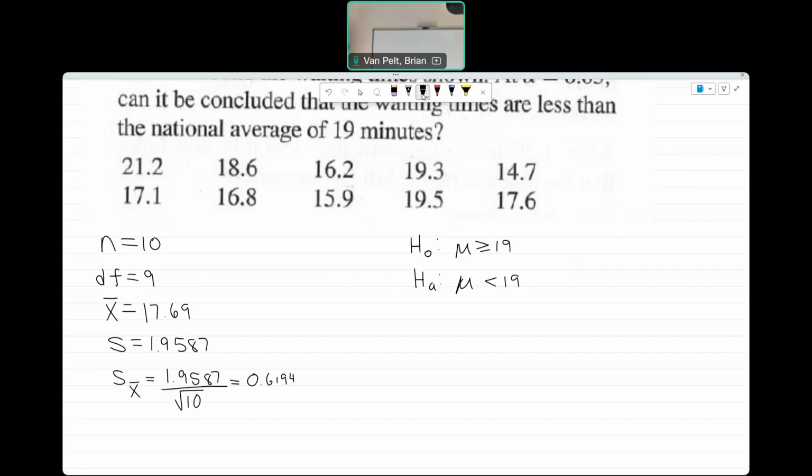Oh, yeah. That's right. I can do that. Oh, I'm using the wrong thing. No, I use the Z table. Okay.